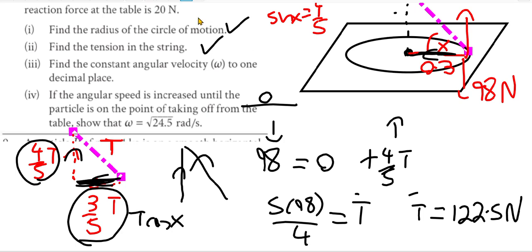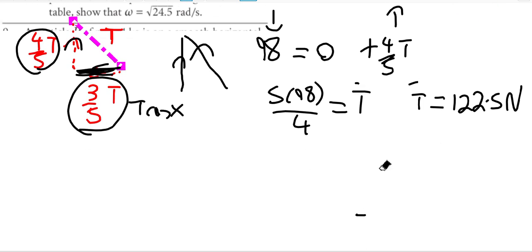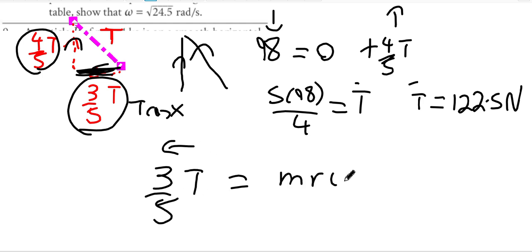Is that alright? Then what we do next is take our new T value back into the 3 over 5 T equation. Remember we said that's what points towards the center of the circle? And that has to equal m r omega squared. We're looking for a new omega value. So we put m as 10. The radius is still 0.3.